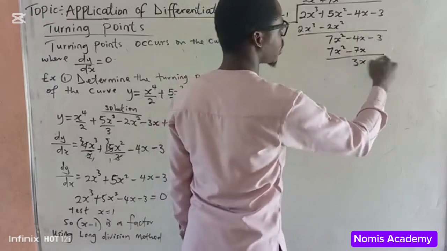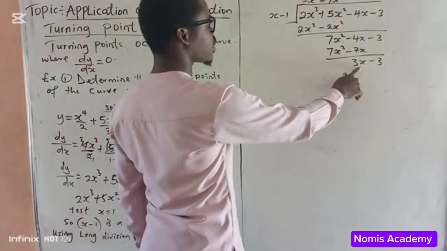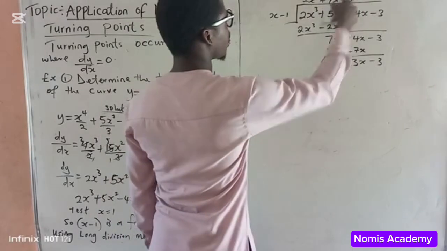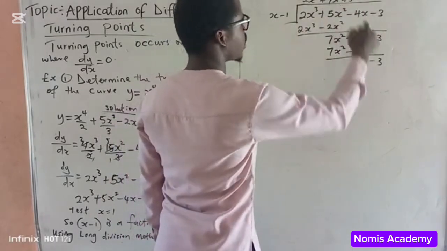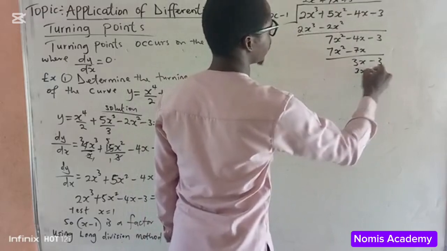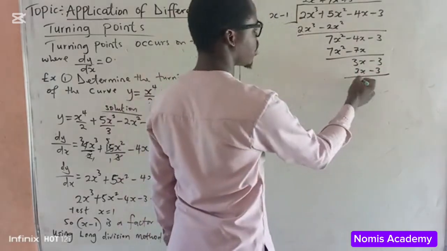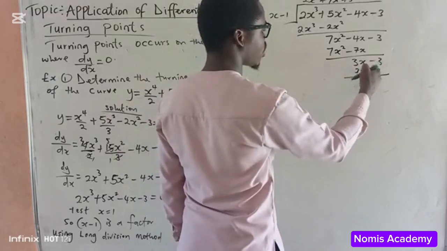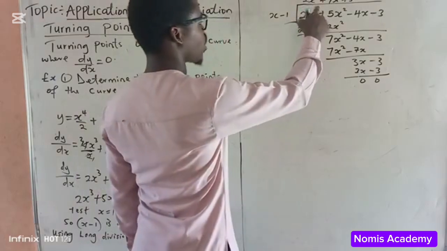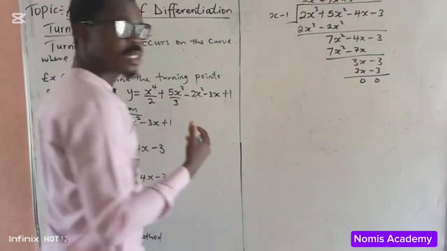And bring down minus 3. Then we repeat the process again. We have 3x divided by x, and that will be 3. 3 times x is 3x. 3 times minus 1 is minus 3. So when you subtract, definitely you have 3x minus 3x is 0, minus 3 minus minus 3 is 0. So the quotient is 2x squared plus 7x plus 3.